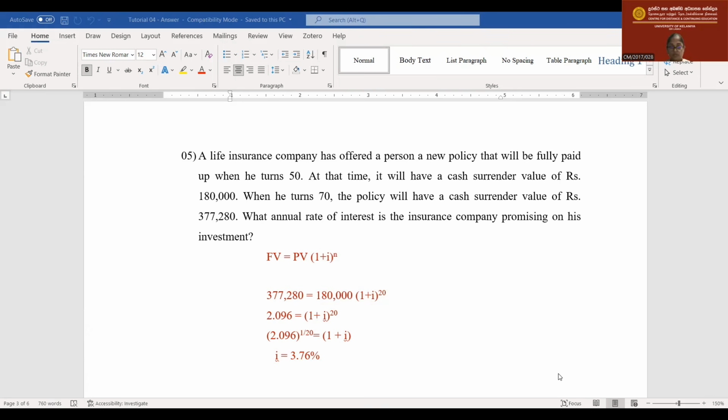Since it's division on both sides, the 180,000 cancels. The answer by division is 2.096. So 1 plus I to the power of 20 remains on the right-hand side.